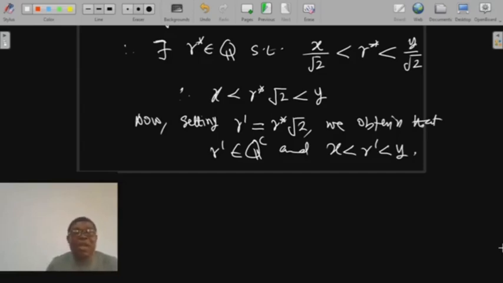So what have we achieved now? What we've achieved is that the set of rational numbers is a countable subset of R and also a dense subset of R, meaning that R has a countable dense subset.